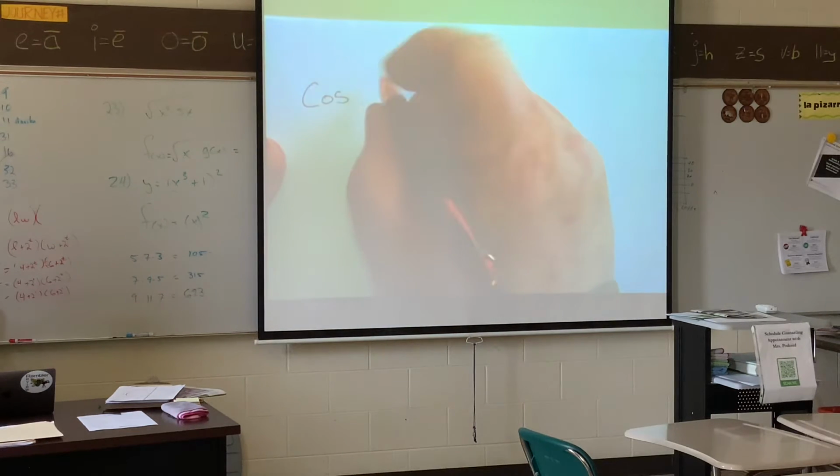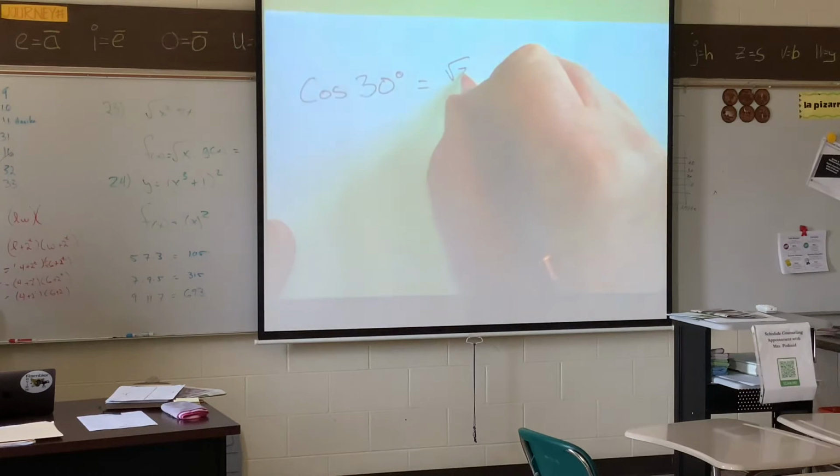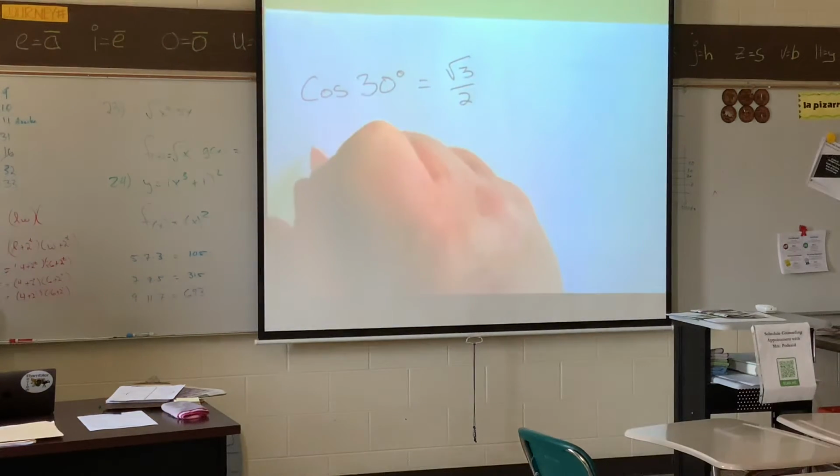Elena, what's cosine at 30 degrees? Square root of 3 over 2. Very good. Genesis, what's sine at 30 degrees? 1/2.